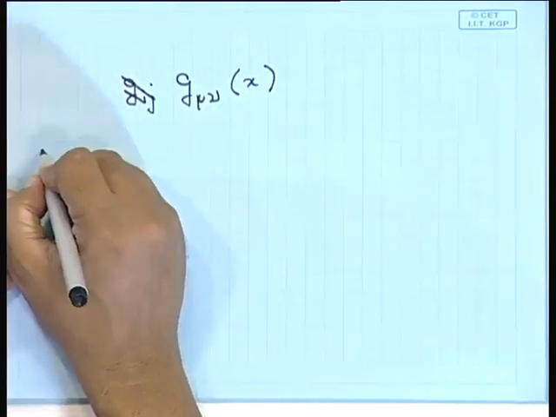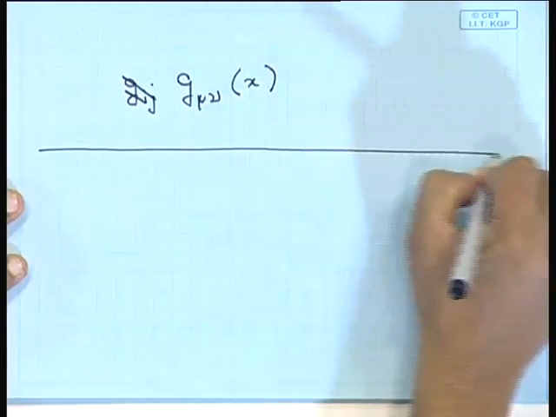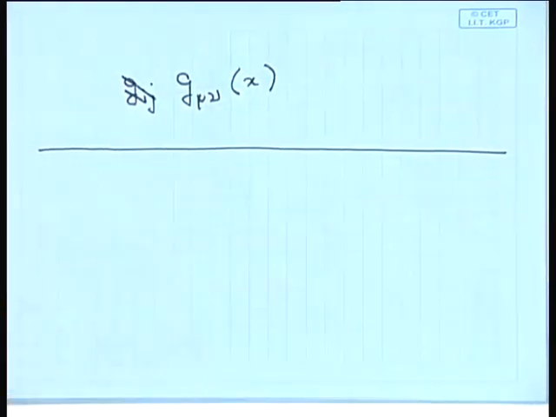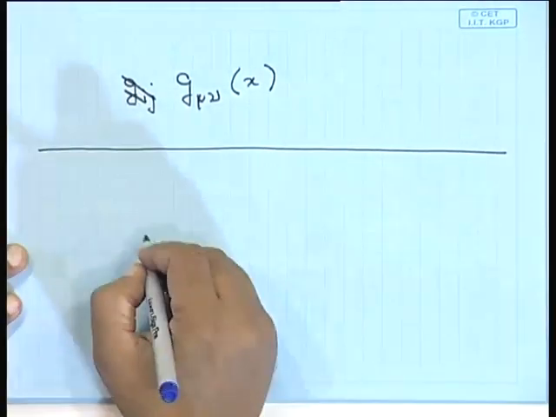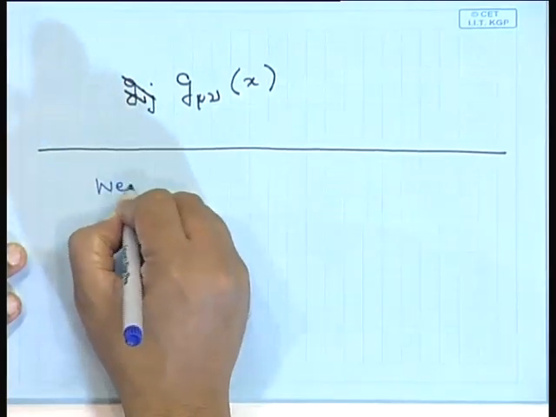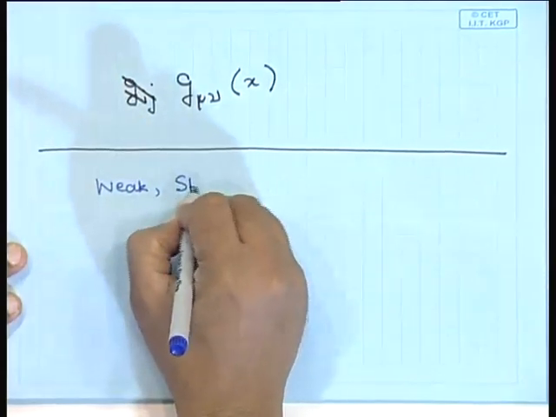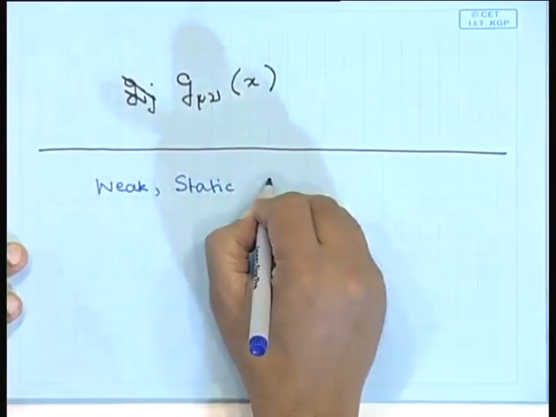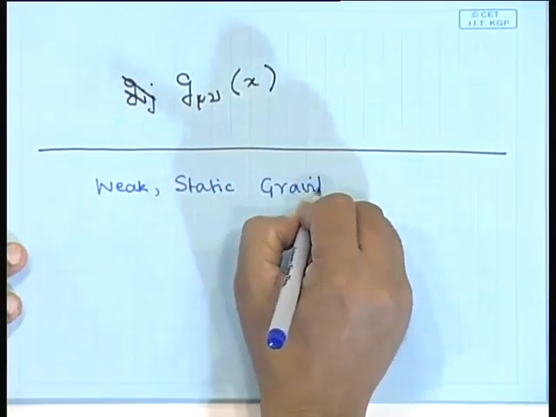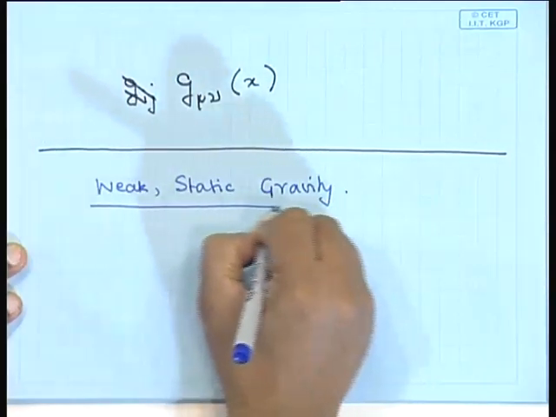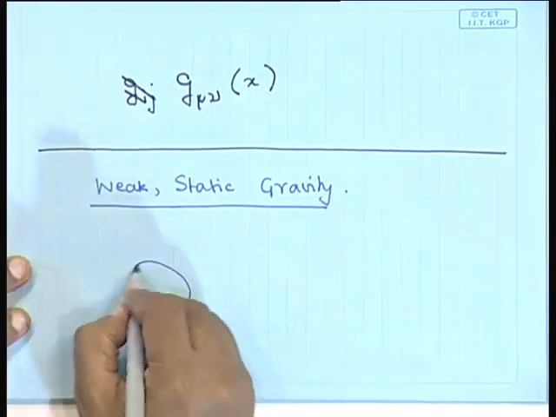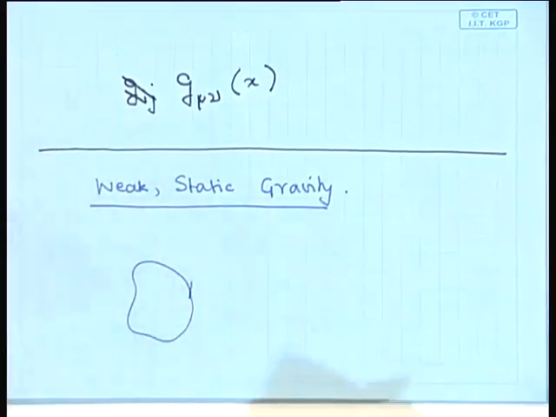So let me give one example of how Einstein's theory incorporates the effect of gravity. Let us consider a situation where I have a weak static gravitational field. For example, I have a massive object like the Earth, and this produces a gravitational field, but the gravitational field is weak.